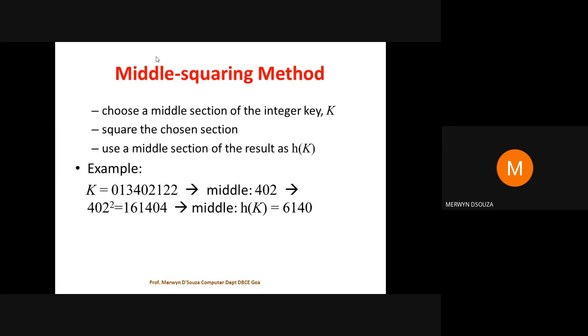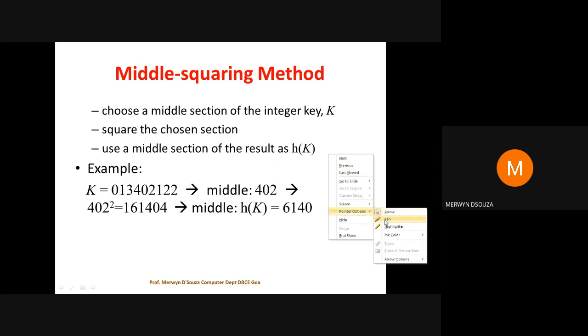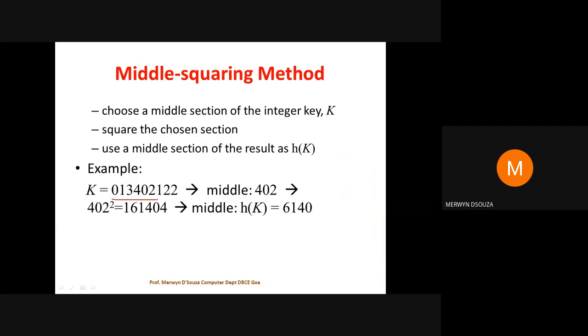The third hash function is the middle squaring method. In this method, you're going to choose the middle section of the key. Then you're going to square whatever section you have chosen, and that result you're going to use as the hash value. For example, consider this value key k.